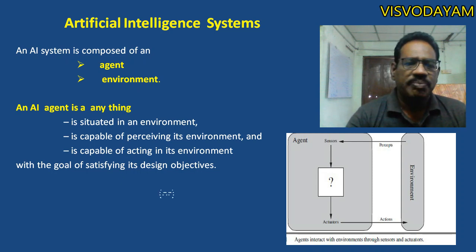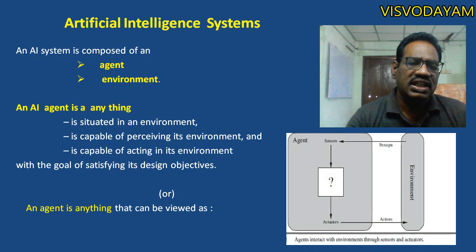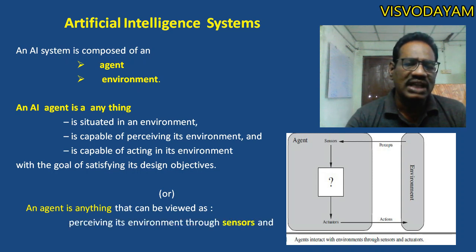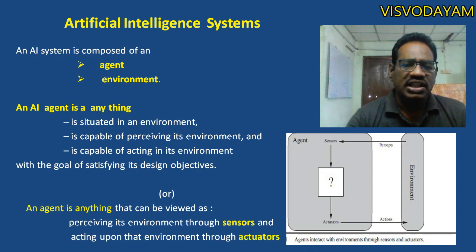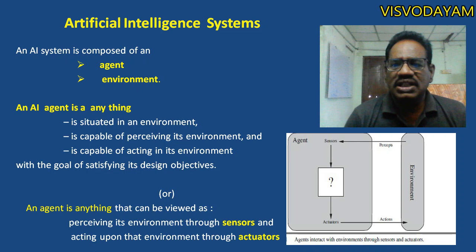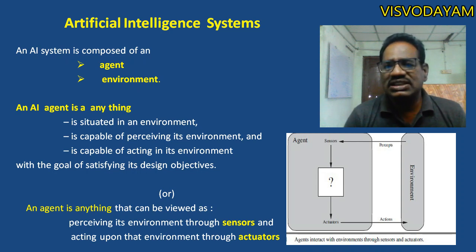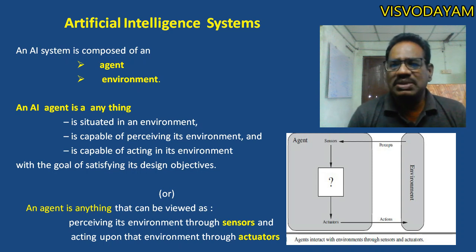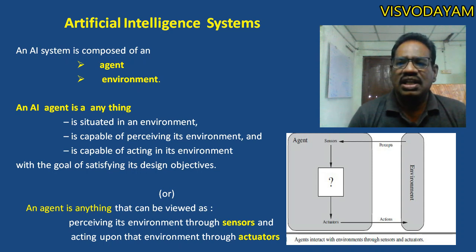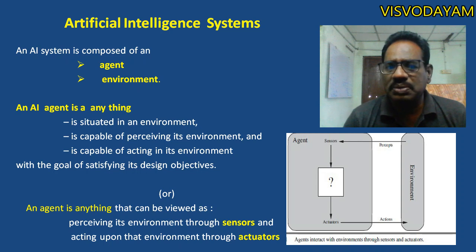We can say an agent is anything that can be viewed as perceiving its environment through sensors and acting upon the environment through actuators. So any artificial intelligence agent consists of two things: sensors and actuators. The environment can be sensed with sensors, and based on the sensor data, the agent is designed for a particular purpose.